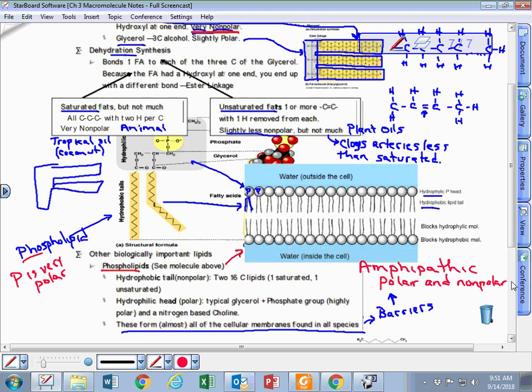So this is the perfect combination: it can stand being around water because it has the polar end, but it won't get dissolved by water because it's got the non-polar end, and that's what life needed to make the membranes that we're built out of. Things that would hold together in all that water, but could stand being surrounded by it at the same time.